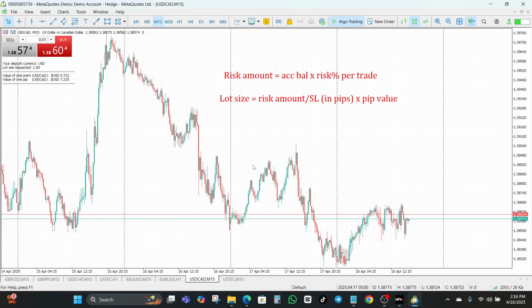The assumption is that your account balance is $1,000. You are risking 2% per trade. Your stop loss is 20 pips. Pip value is $1.